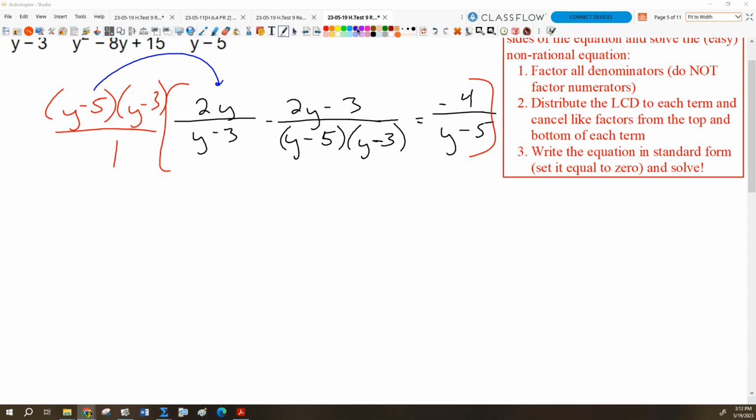So that first distribution is going to give me 2y times y minus 5 minus the second distribution. What's going to cancel? Okay, so everything cancels, right? From the LCD. So what am I distributing? Just a 1, right? I'm not distributing anything. I just leave that one the way it is. So am I writing this correctly then?